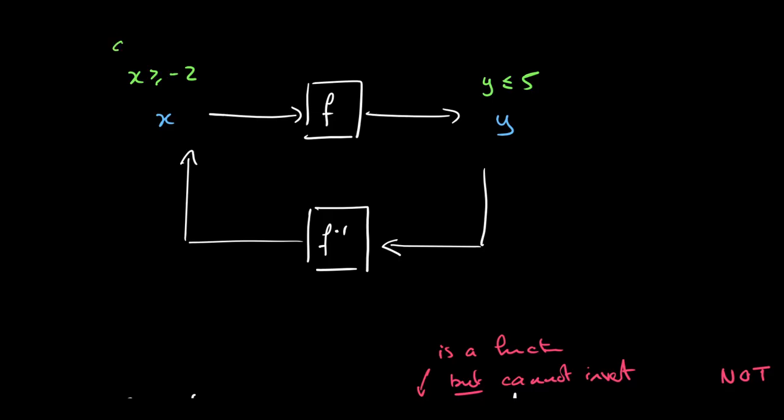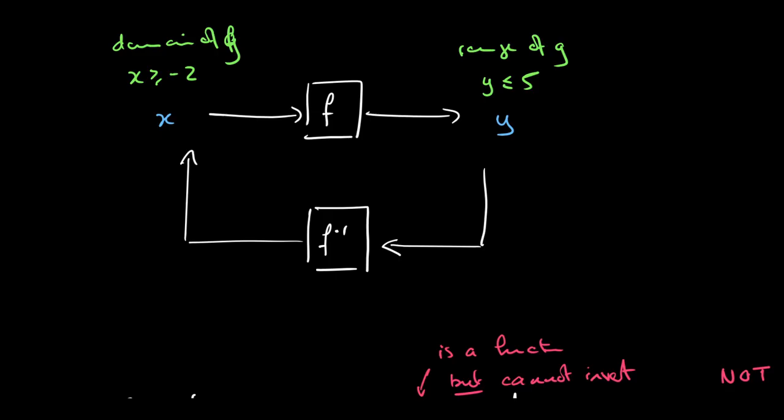So this is the domain of g, and this is the range of g. These are all the possible outputs of g, so those are going to become the inputs to the inverse function. So the range of the original function is going to become the domain of the inverse function, because the outputs become the inputs.